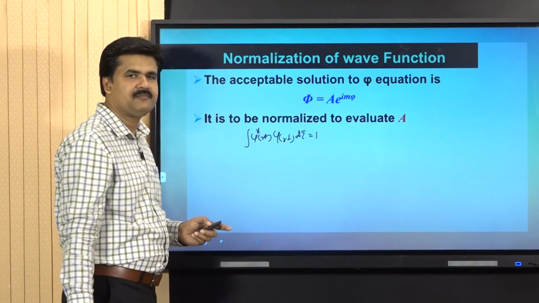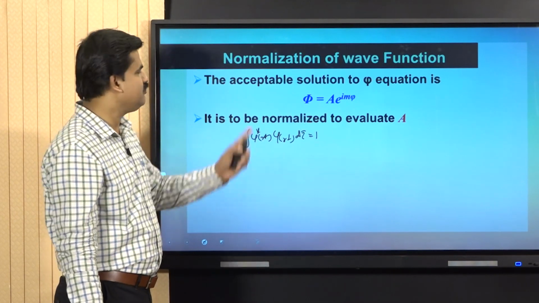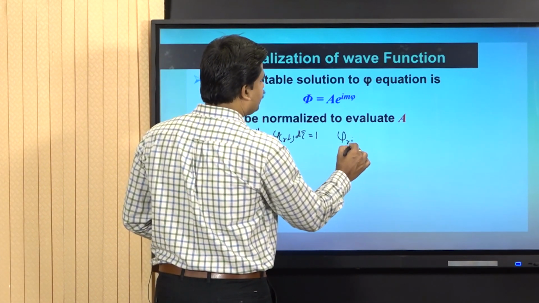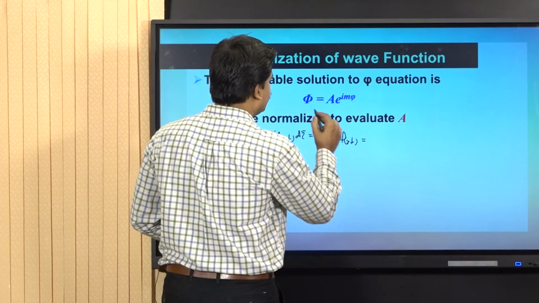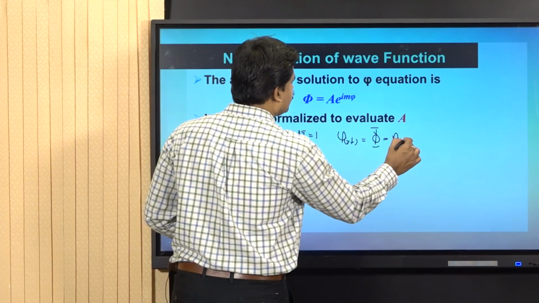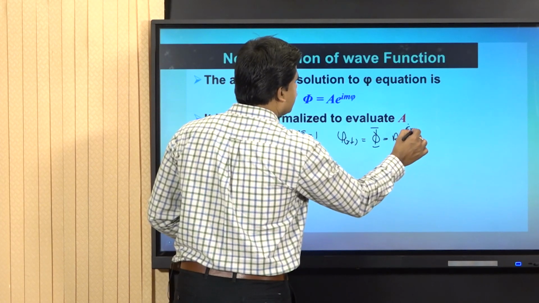The limit of integration is from minus infinity to plus infinity. For the present system, psi of r,t is equal to Phi, that is A into e raised to im phi.